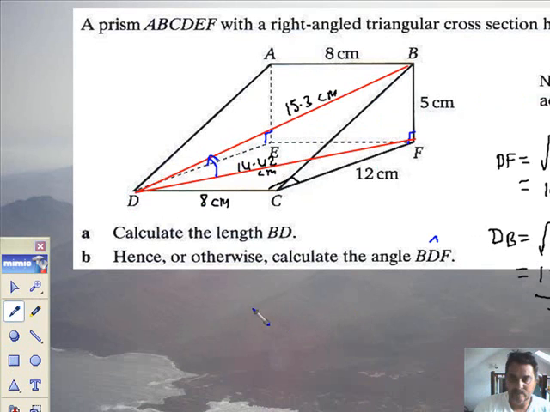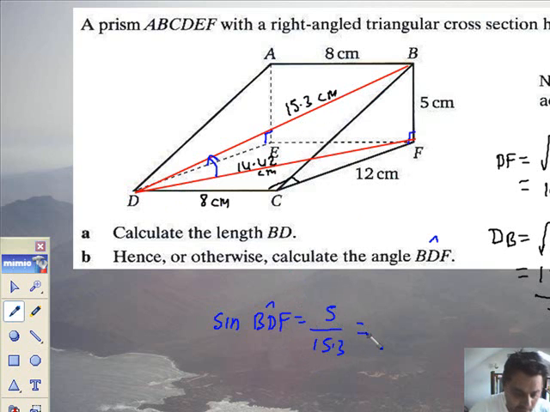Right. So sine of BDF is going to be opposite, which is 5, all over the hypotenuse, which is 15.3. And let's just do that quickly.